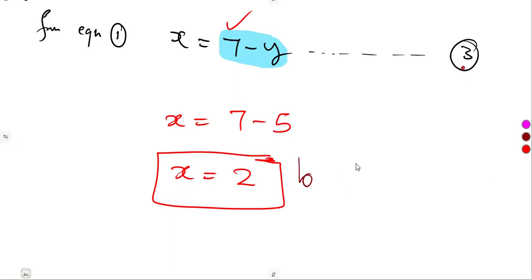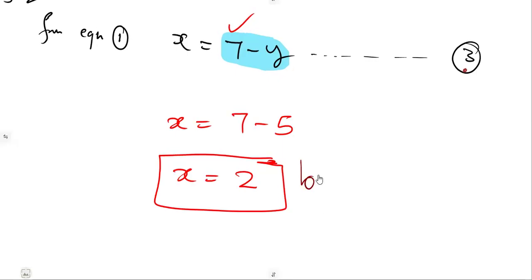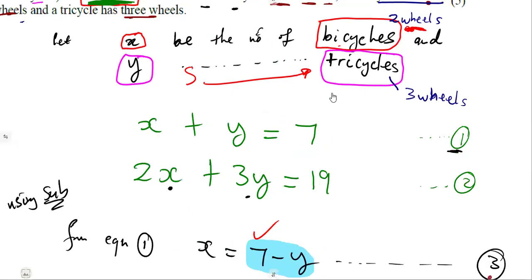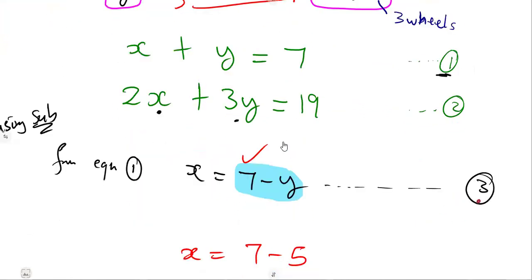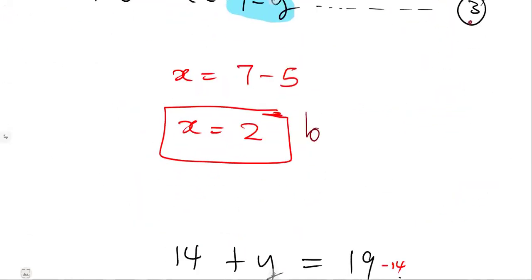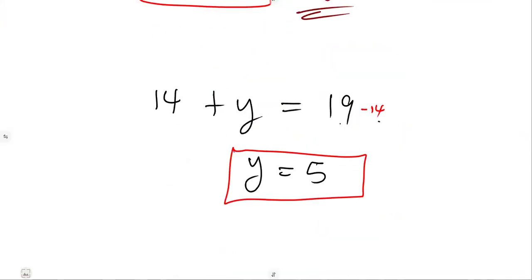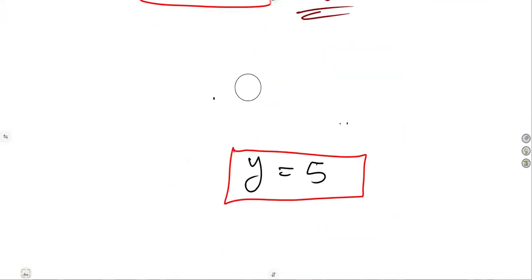Remember, x is representing the number of bicycles. So that is the condition. So that is what we have here: 2 bicycles. And on the part of y, when we solved for y, we calculated the tricycles.